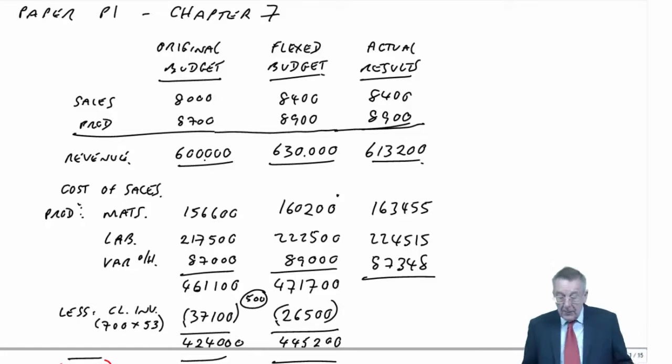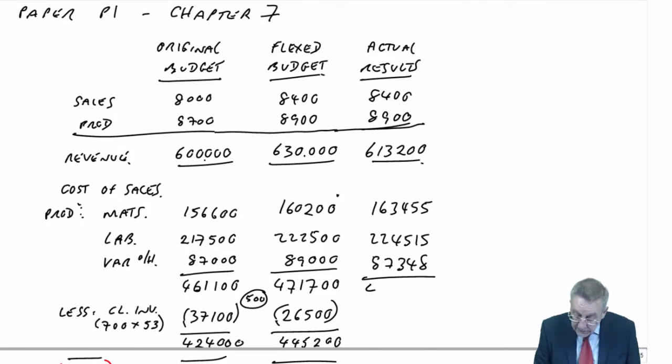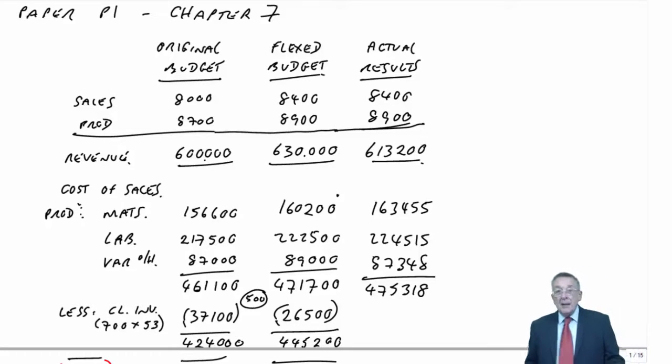So the actual marginal cost of production is 475,318. But that's the actual cost of the 8,900 produced. We want the cost of the 8,400 that was sold.